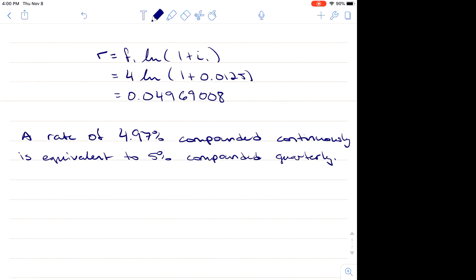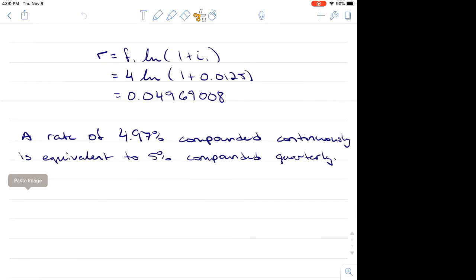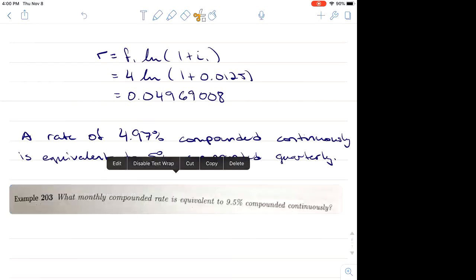Let's do one of the other case too. Example 203. What monthly compounded rate is equivalent to 9.5% compounded continuously? Right, so now we have a continuous rate and we want to move to a monthly compound.